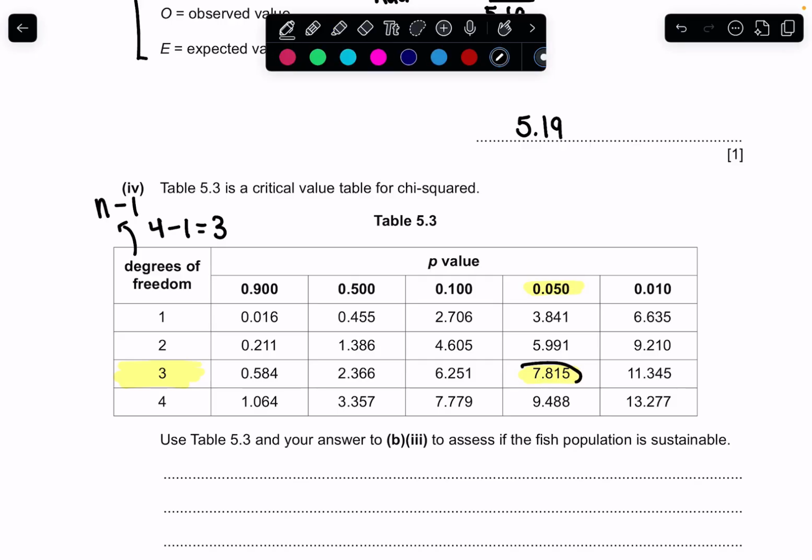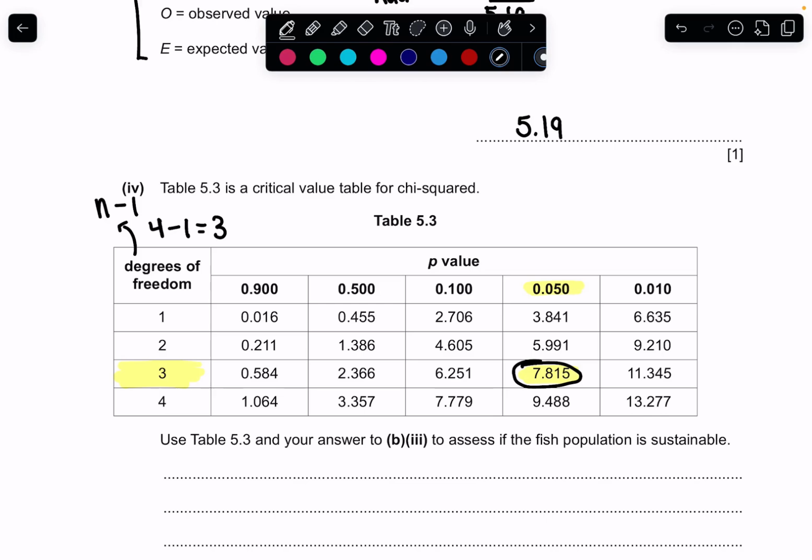The number in your p-value table, your critical value table, is 7.815. So our number is less than 7.815. So we are going to say there is no significant difference. The null hypothesis we created would be accepted.